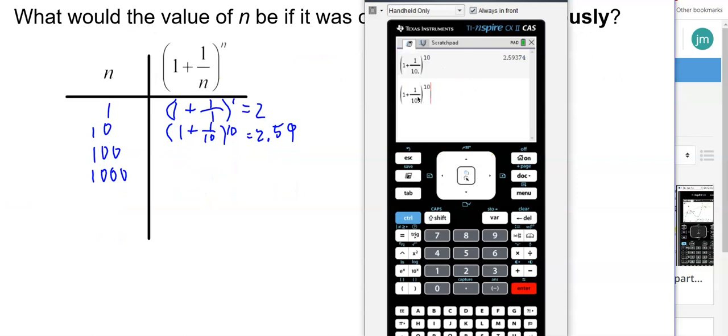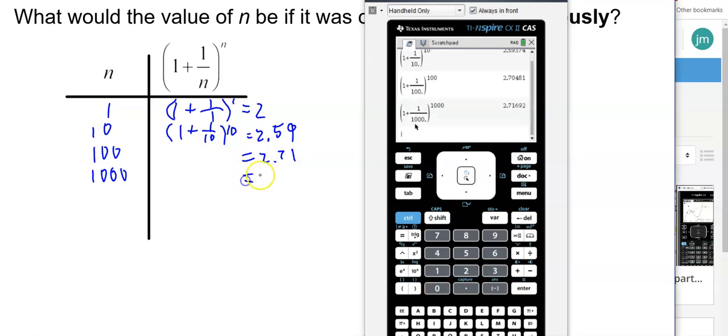So if I copy and paste, plug in 100 there, and I get 2.7170. Plug in 1,000, let's try that. Plug in 1,000 for the exponent spot.